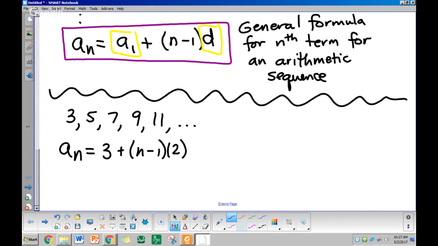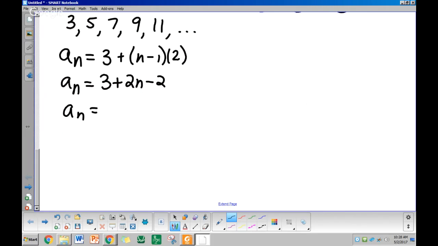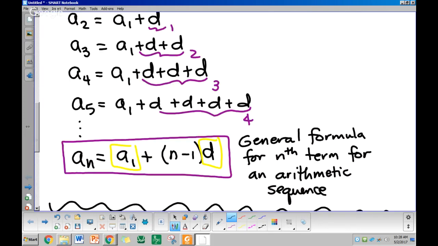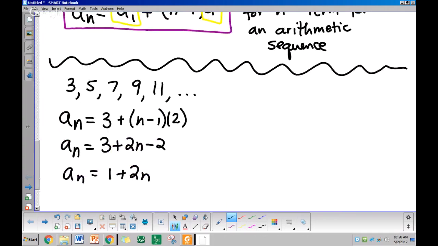Now your book and other folks will distribute that 2. So let's do that. A sub n here equals 3 plus 2n minus 2. And so then we get a sub n equals 1 plus 2n. Now, personally, I prefer this version of it because when I look at this version that I put in yellow, I can see the first term and I can see what?